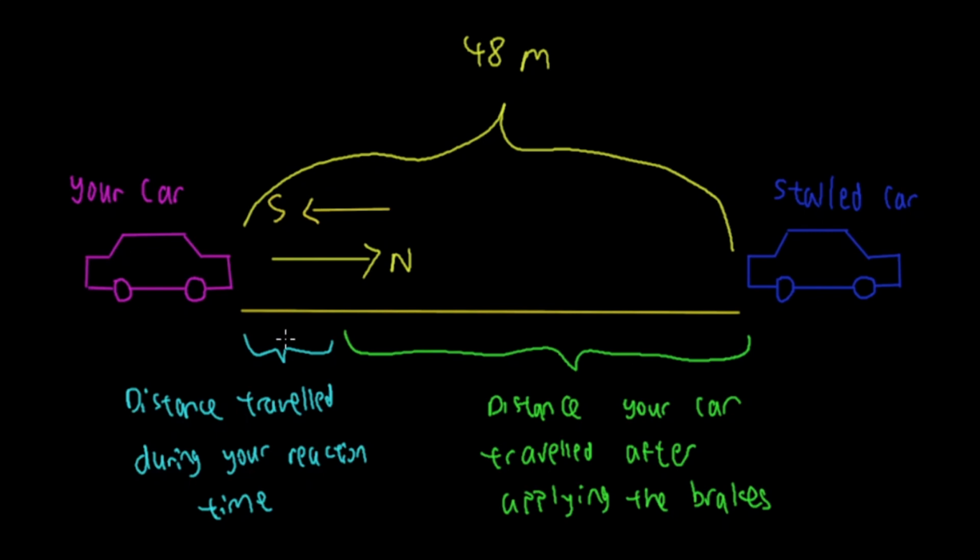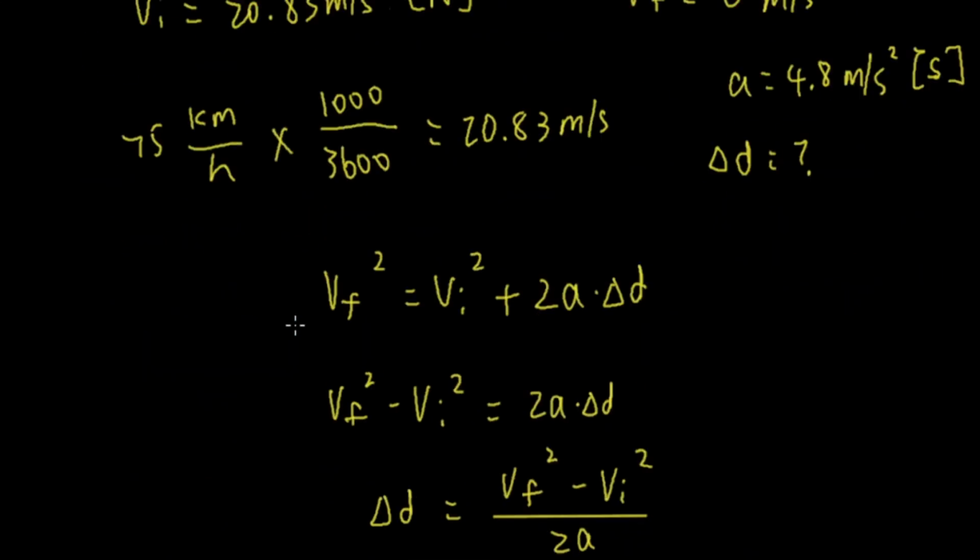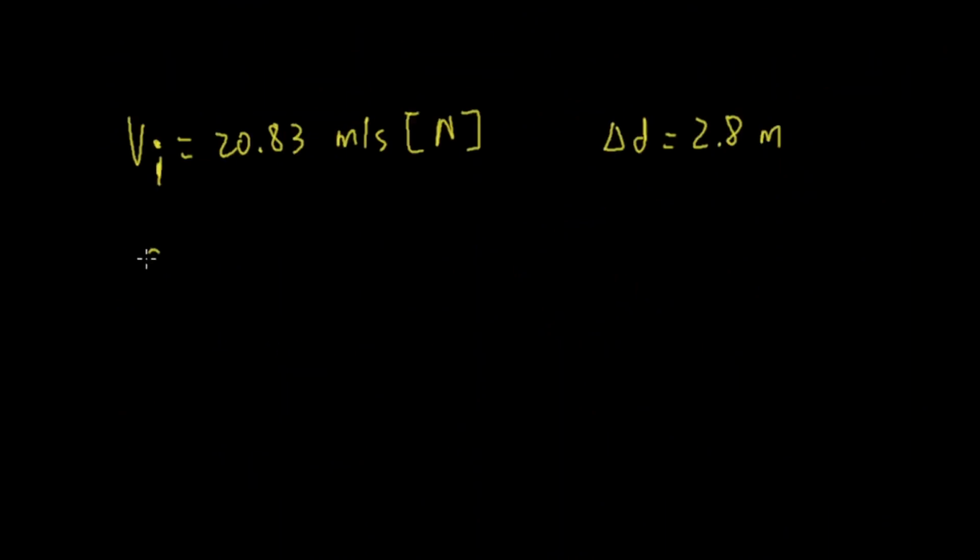Should be 0, because your car is not accelerating forward. It's actually moving at a constant velocity of 20.83 meters per second. And you have not applied the brakes at this time yet, because this is your reaction time. You only apply the brakes after you reacted. Then the brakes only apply during this other distance traveled. So there's no acceleration here during your reaction time. So acceleration in this case is 0 meters per second squared.